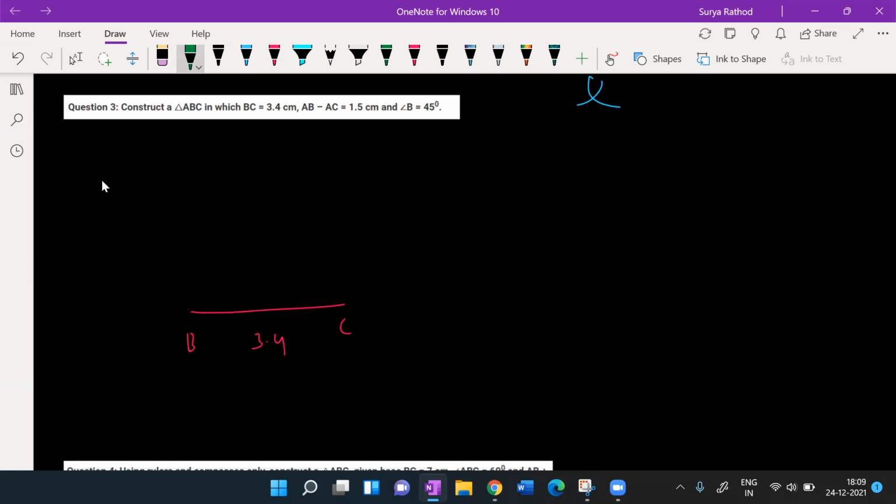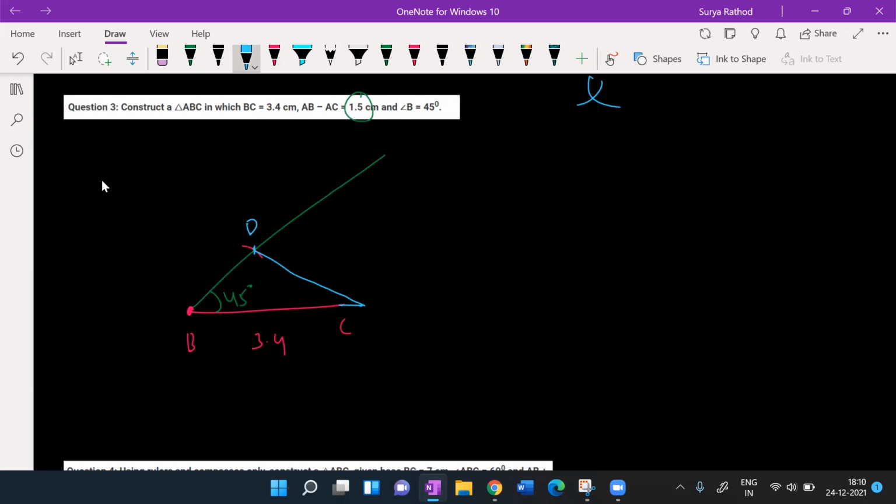Angle B, I'm taking 45 degrees like this. Next, I'm drawing an arc with 1.5, which intersects somewhere here from this point. So I can join these two points now. Let me consider this point as D like the previous one. So I'm joining these two now.